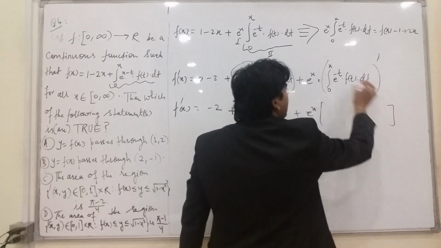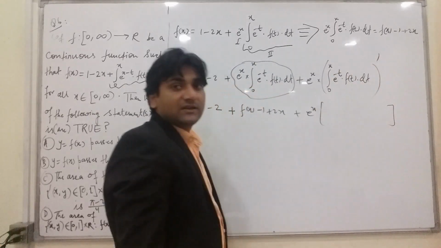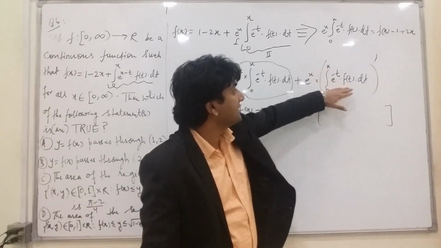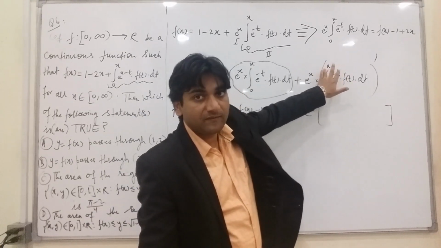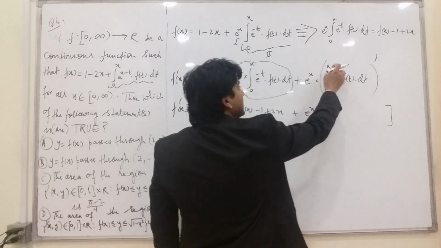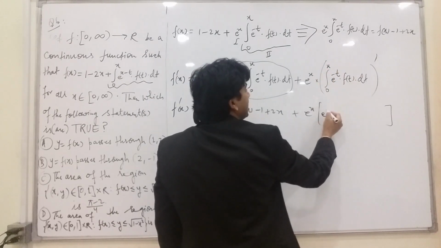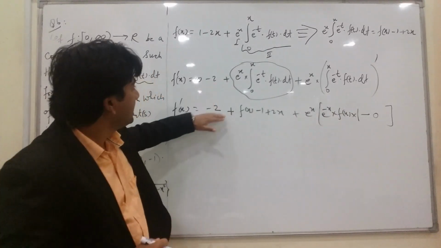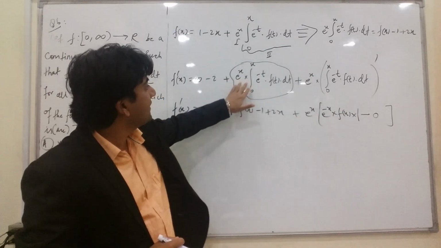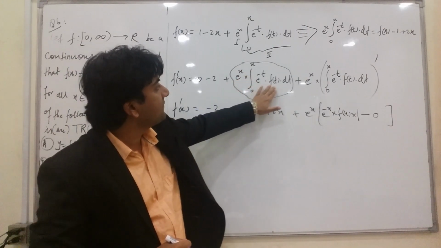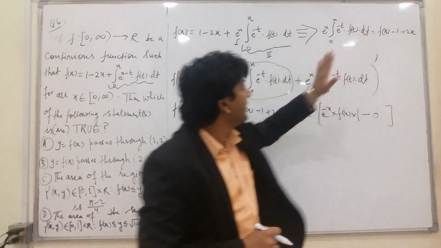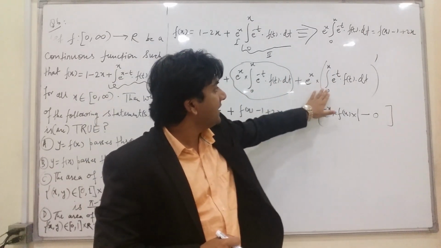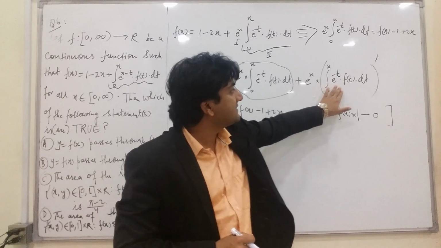Now we have to take the derivative of this whole expression. So how do you take the derivative? You put the upper limit in this and take the derivative of the upper limit. So minus 2, this is e raised to x times 0 to x e raised to minus t f of t dt, which I have taken from there, f(x) minus 1 plus 2x, and e raised to x times 0 to x e raised to minus t f of t dt.